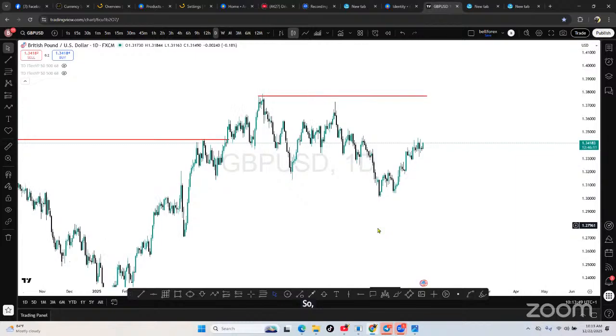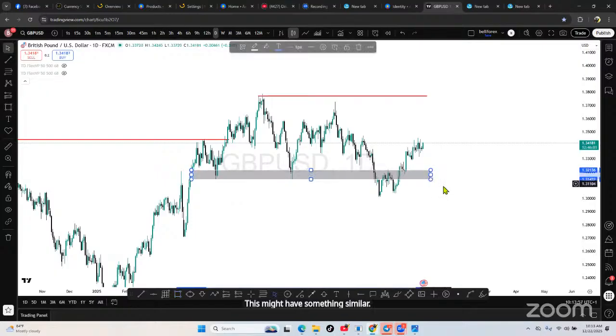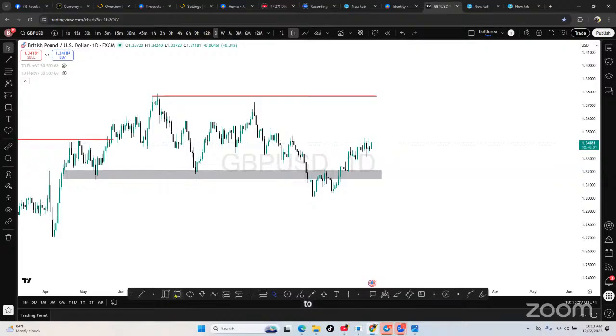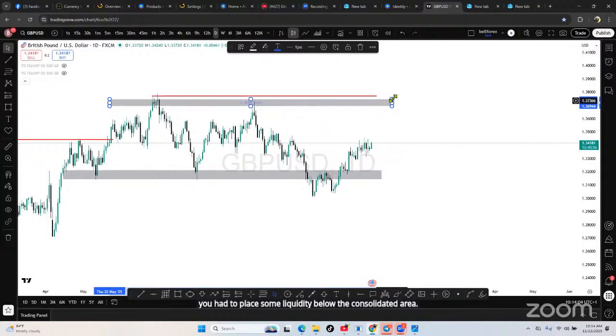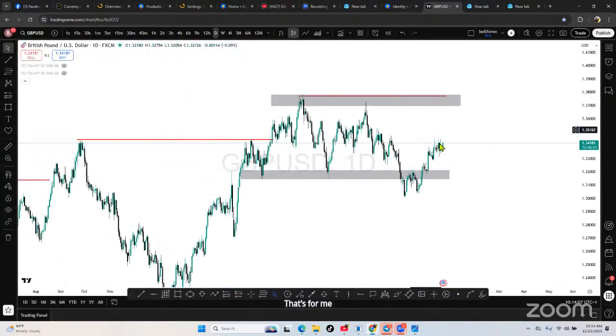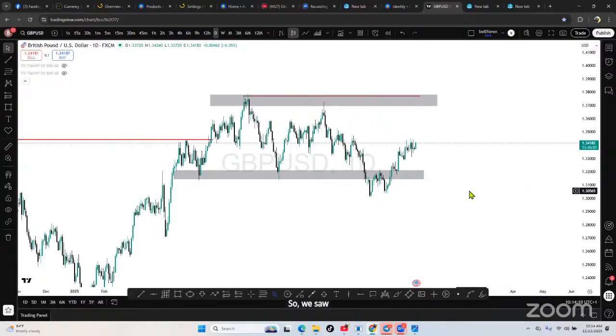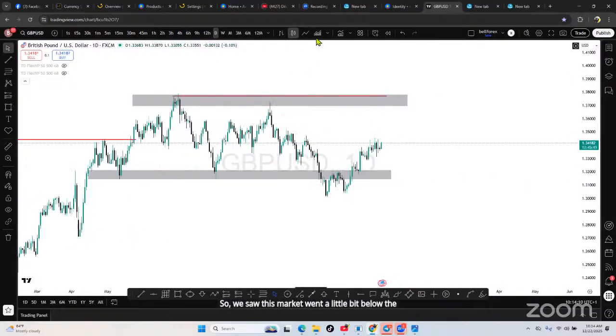From every indication here, this market has something similar to EU, just that it had to clear some liquidity below the consolidative area, from the month of May. So we saw this market go a little bit below the consolidative area here. As you can see, low, low, high, high, a break to tap liquidity below it, did an M shape, break, retested a structure, and it's rallying.